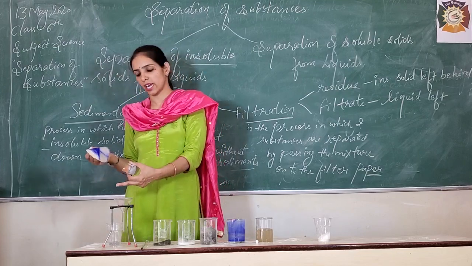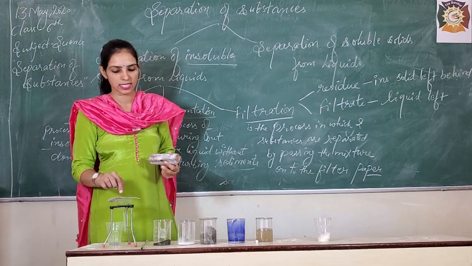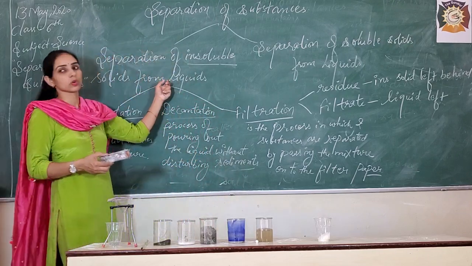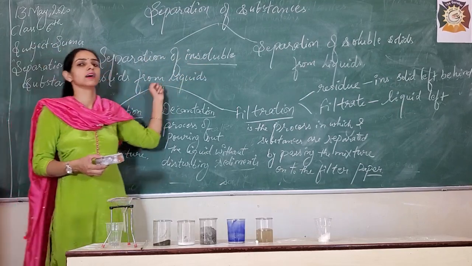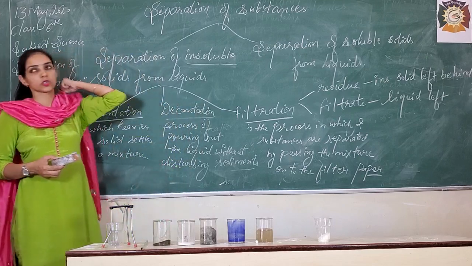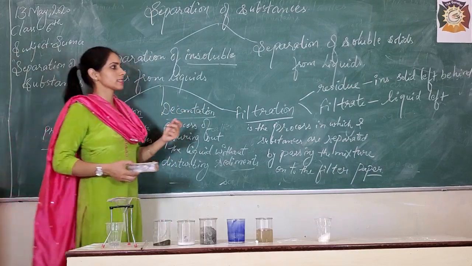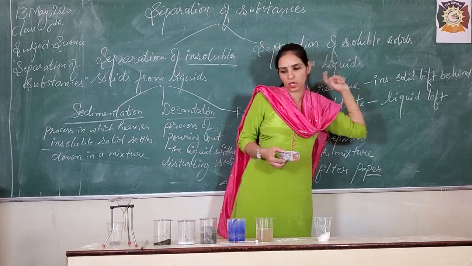Filtrate has been taken in another container. So this is all about these three processes which we use to separate insoluble solids from liquids. Clear, my dear students? Let's move to the next process, that is separation of soluble solids from liquids.